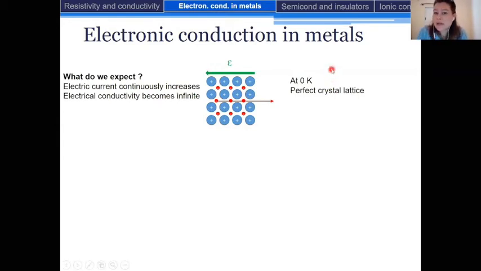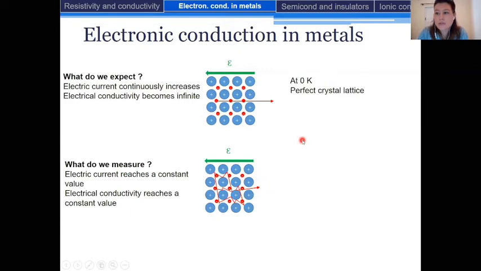But this, in fact, only occurs at 0 Kelvin in a perfect crystal lattice, because if we make a measurement of this electric current in order to determine the electrical conductivity, we will see that it reaches a constant value, and the electrical conductivity also reaches a constant value, which is the value reported in the table that we have shown previously.